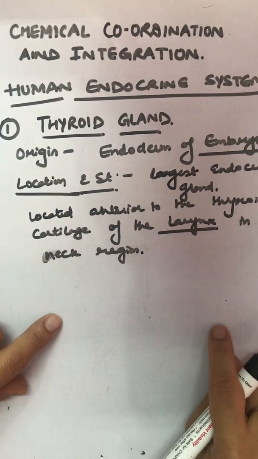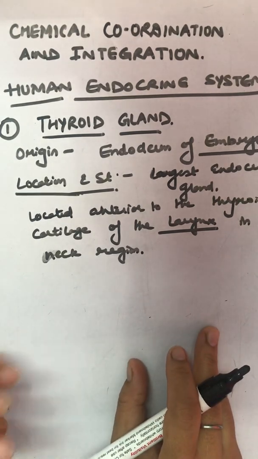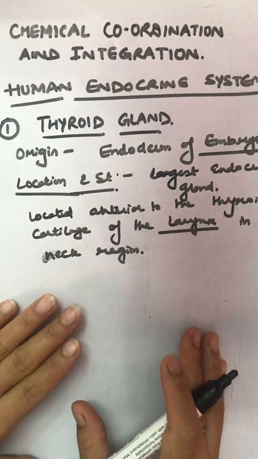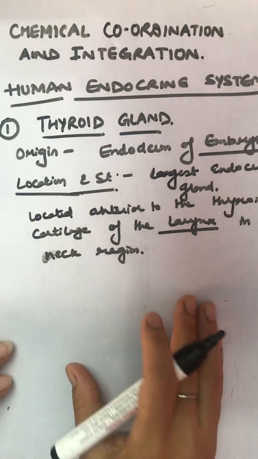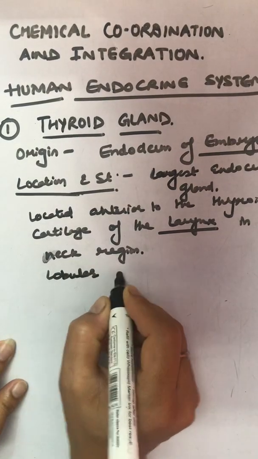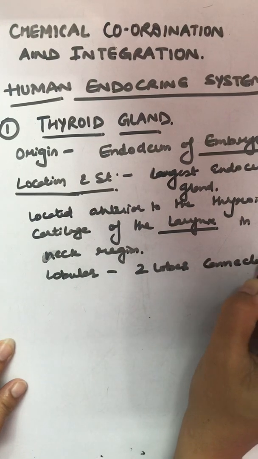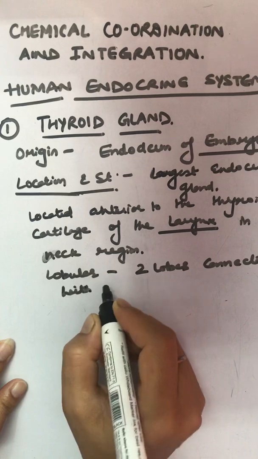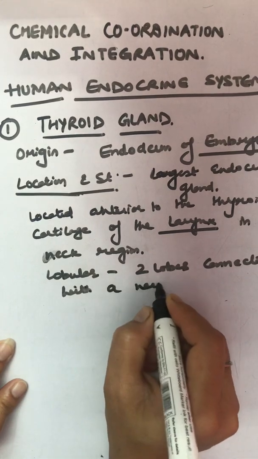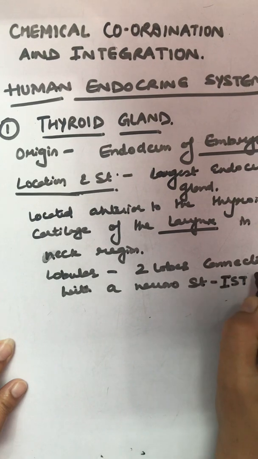There are two lobes which are connected by a narrow structure called isthmus, and it is made up of follicles as well. So connective tissue which forms the stroma of the gland is mainly present here, located in the neck region, lobular. It has two lobes connected with a narrow structure known as isthmus.